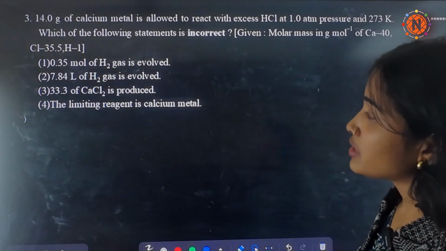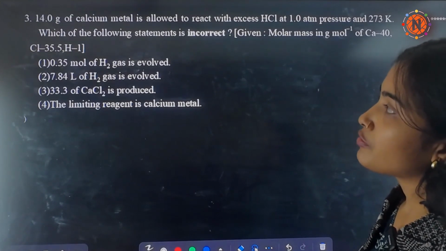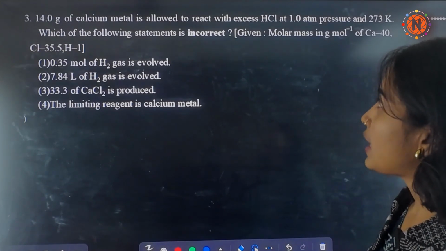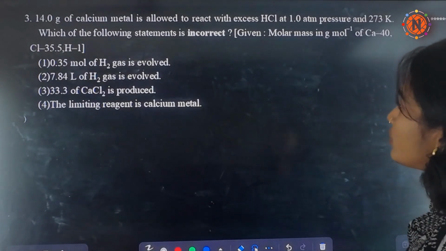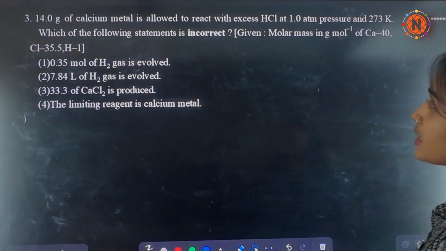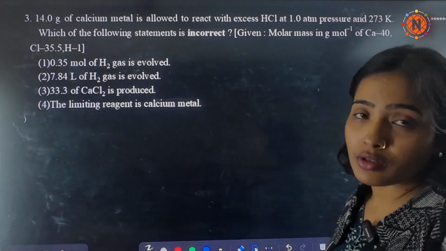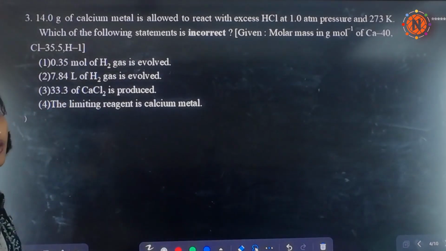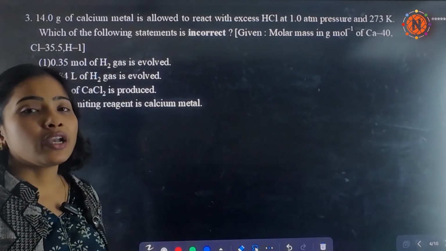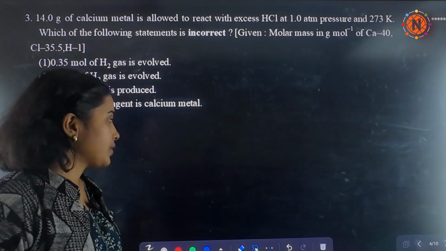Here a question is given where 14 gram of calcium is allowed to react with excess HCl at 1 atmospheric pressure and 273 Kelvin. Which of the following statements is incorrect? We have to find out. Before that, let us find out the correct reaction occurring between calcium and HCl.